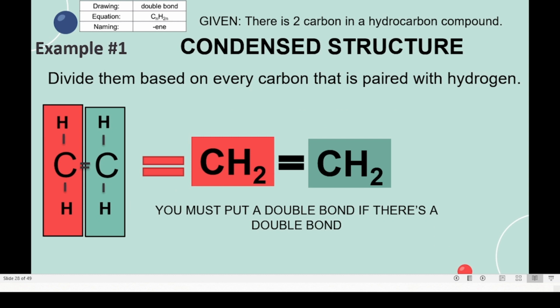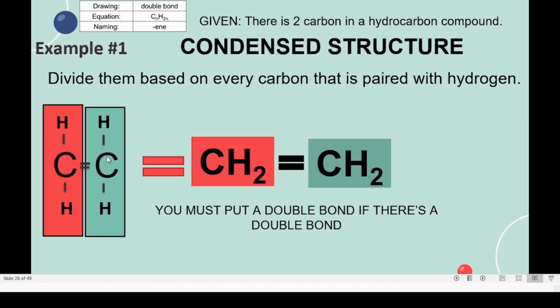Now, let's go to the condensed structure. So divide them based on every carbon that is paired with hydrogens. So the first carbon has 2 hydrogens. So CH2. Then, since there is a double bond and it represents the alkene, therefore, in writing the condensed structure, we must also put a double bond.